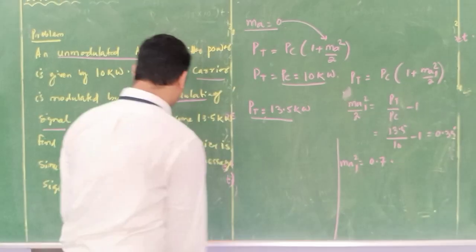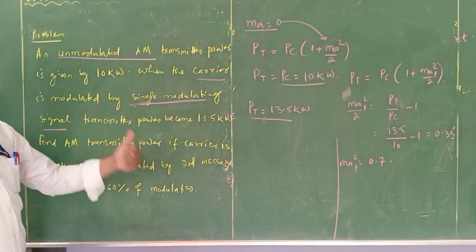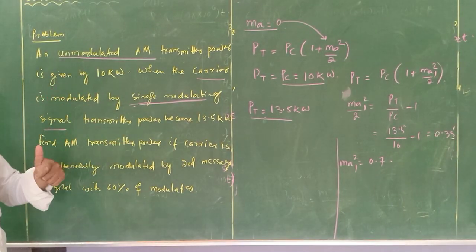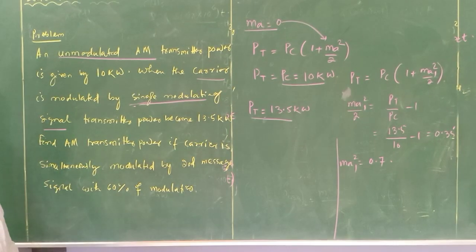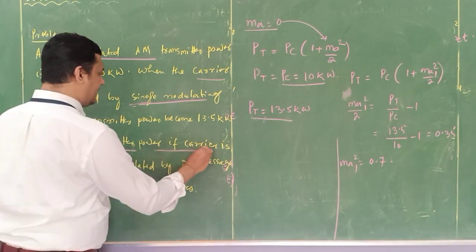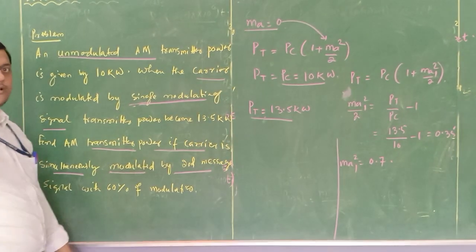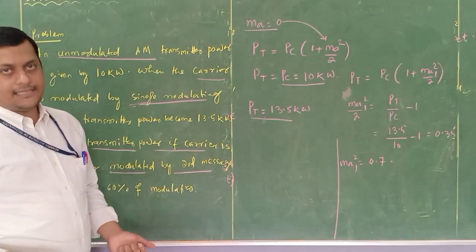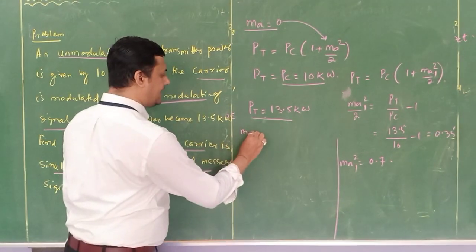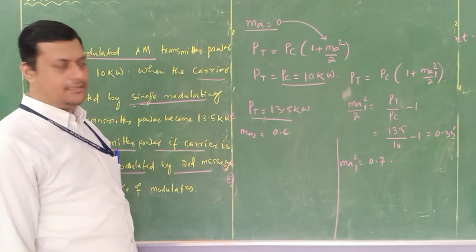Okay. Next, find AM transmitted power. Now we have to calculate the total transmitted power, in which two modulating signals are modulated, because as it is written, the carrier is simultaneously modulated by a second message signal. So another message component is available whose modulation index is 0.6. So MA2 = 0.6.